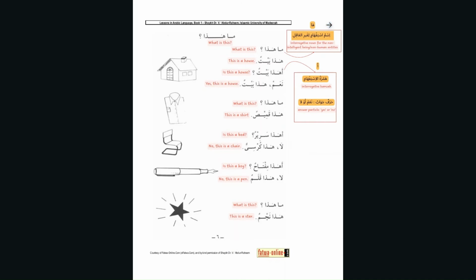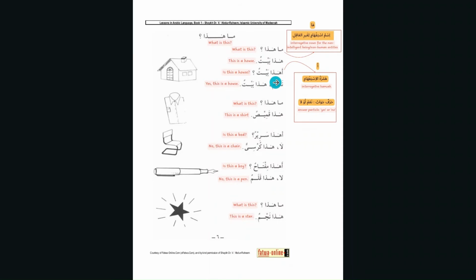Recap. Let's quickly recap the key grammar points from today's lesson. Remember, ma is our interrogative noun for asking what about non-human things. The interrogative hamzah is placed at the beginning of a statement to turn it into a yes-no question.